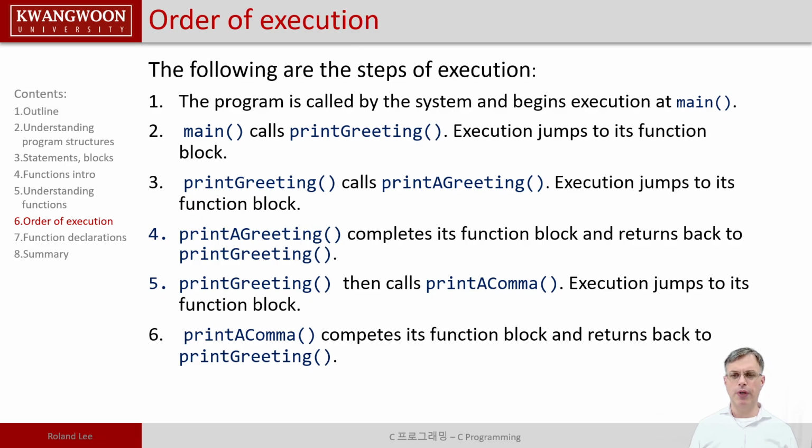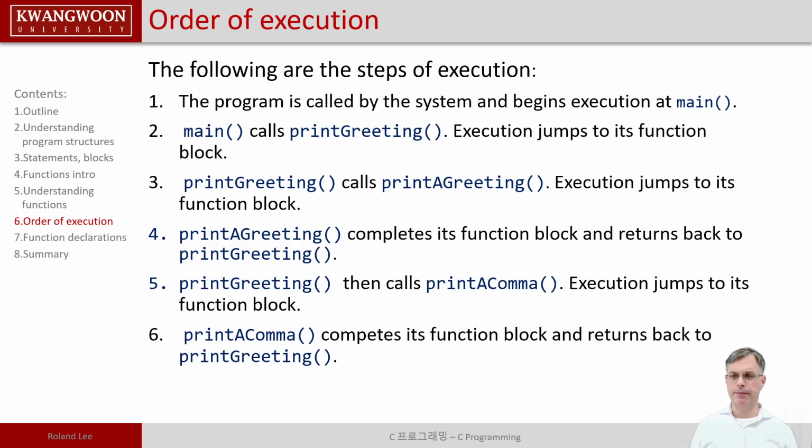You see the program is called by the system and begins the execution with main. The main calls the print greeting, right? If you return to your program as well, you see that.